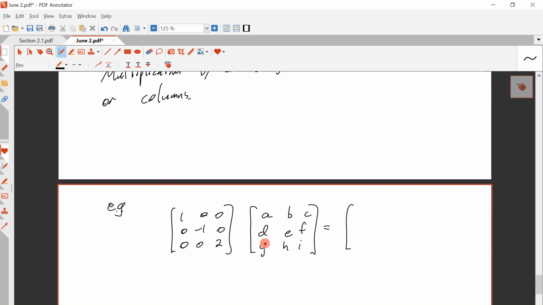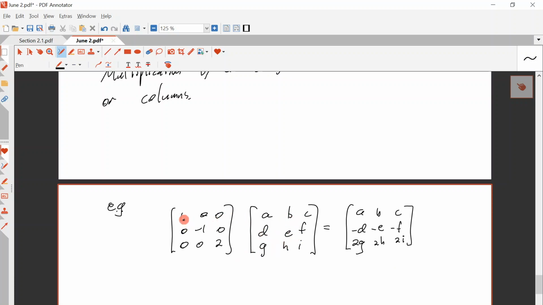First row, first column is just A plus 0 plus 0. Then B plus 0 plus 0, C plus 0 plus 0. Next row, 0 minus D plus 0, 0 minus E plus 0, 0 minus F plus 0. And then the last row is going to be 2G, 2H, 2I.